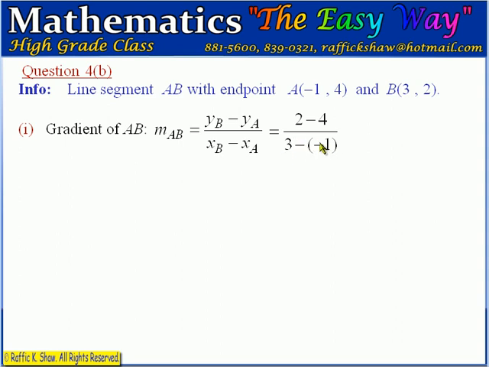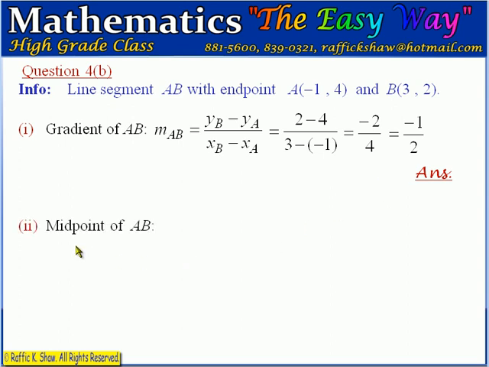And 3 minus -1 is the same as 3 plus 1. And then 2 minus 4 is -2. So this reduces to -2 divided by 4. -2 divided by 4 is the same as -1 divided by 2, because 2 divided here is 1 and 2 divided here is 2. And so our gradient of AB is -1/2, -1 divided by 2.